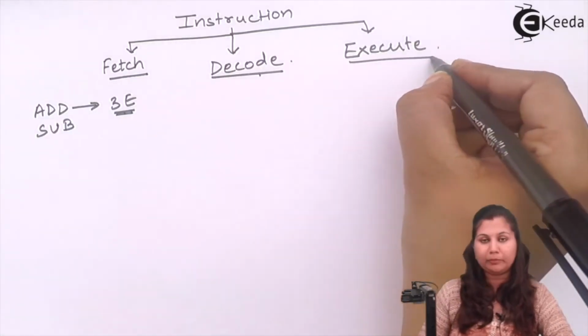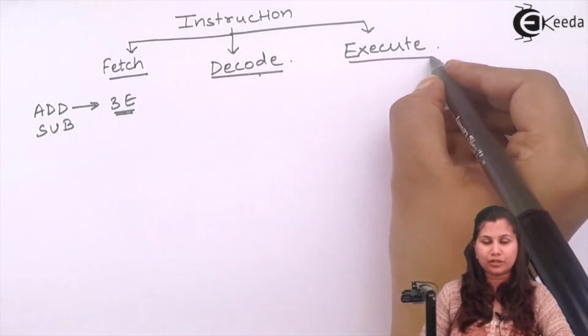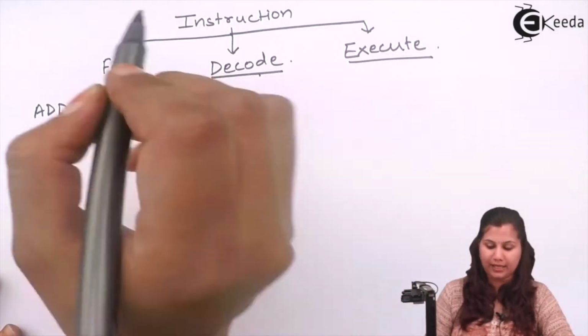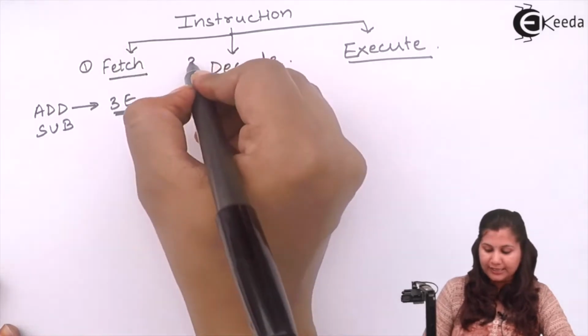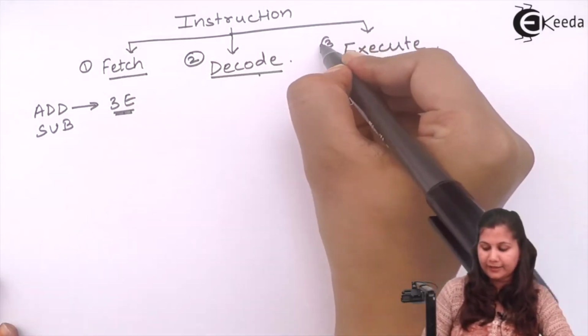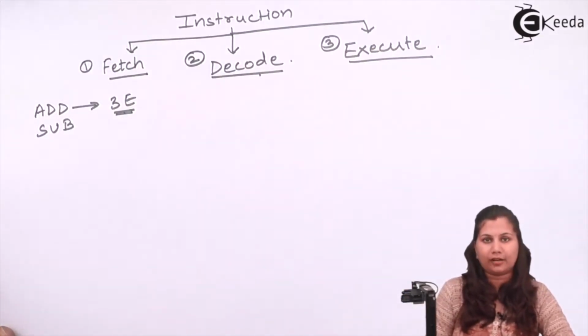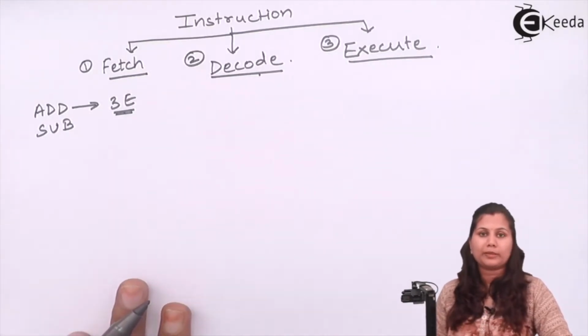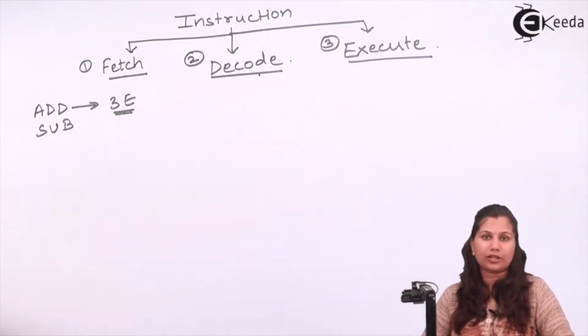So the last step is execution of that instruction. These are the three steps which the microprocessor does: first fetching, second decoding, and third executing the instruction. So in this video, we will study how the microprocessor executes the instruction.